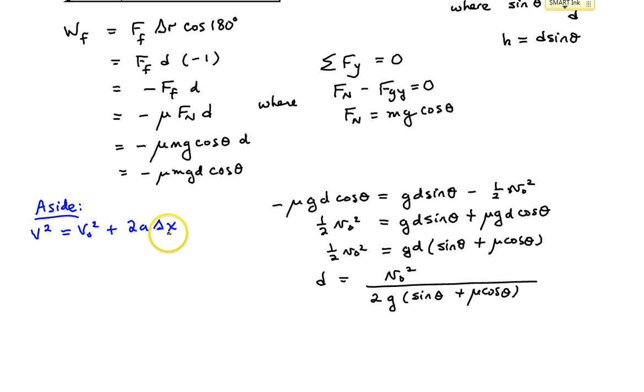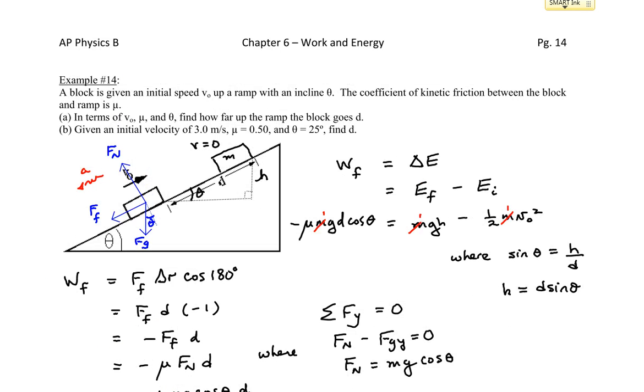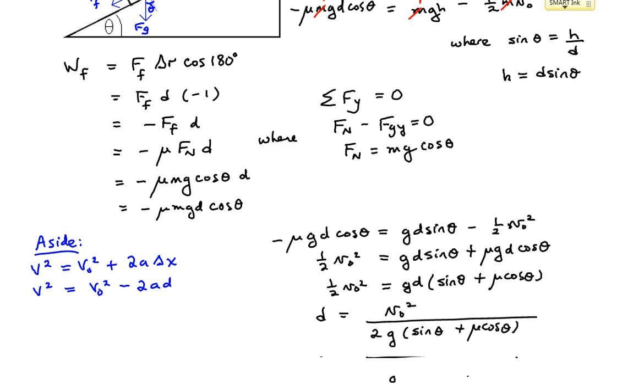The displacement in this case is d, so v squared equals v0 squared minus 2ad. The reason I'm putting the minus sign in is that, if you refer back to the earlier diagram, the displacement is up, but the acceleration is in the opposite direction. So if I make my x-axis going upwards and my displacement positive, then my acceleration is in the negative direction.